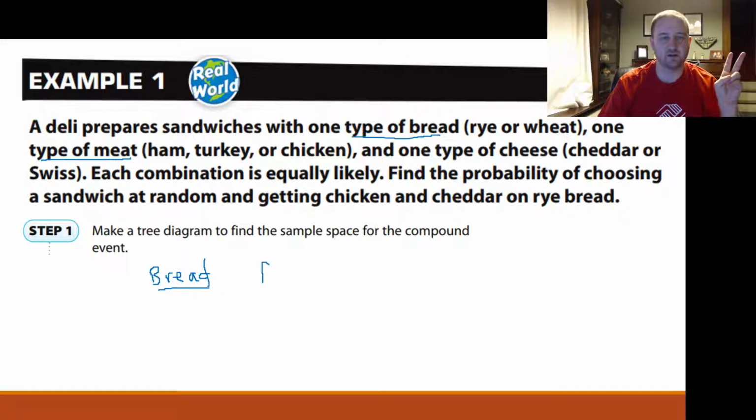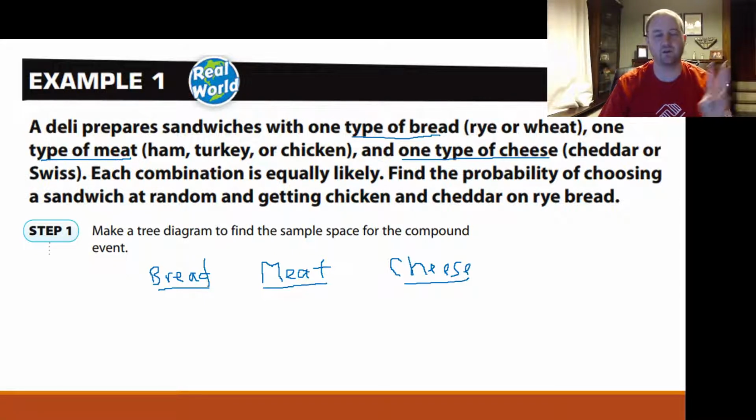Okay, so I'll list meat here, and I'll underline that. Okay. And then third is we're going to list a type of cheese. So I'll do cheese, that's my third event. So I'm listing all of my events at the top, underlined, kind of like column titles basically.